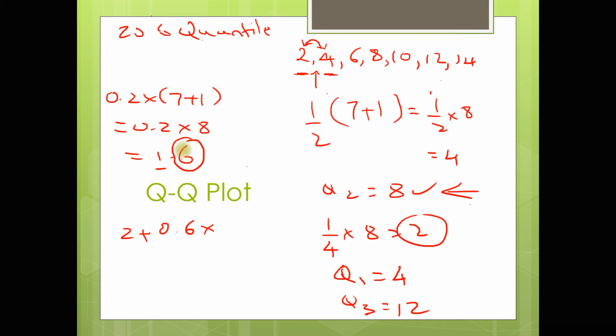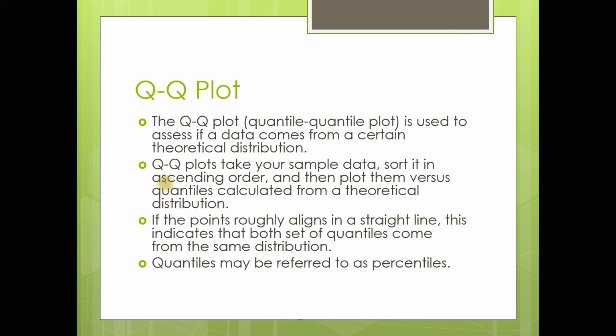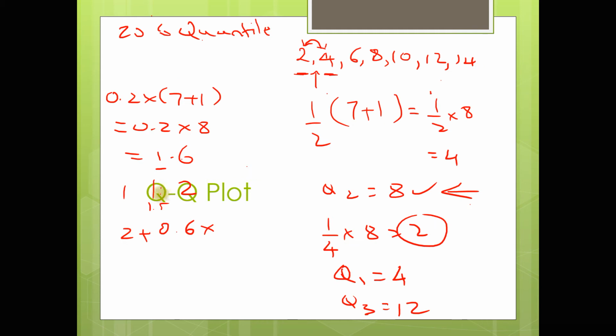Just imagine on a scale, you have 1, you have 2. 1.6 is where? You have 1.5 in the middle, and then 1.6 is somewhere here. So if you want 1.6, you basically need to move from the first position by 60% of the distance from here to here.